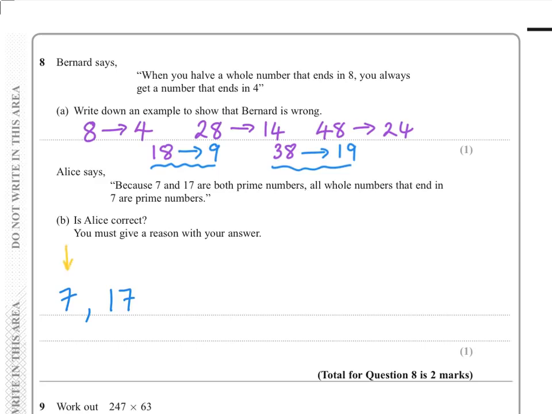You start with the smallest number ending in a 7, i.e. the units would be 7, and then in the tens you'd have 17. But if you wrote down 27, for example, that's a number that ends in 7, and is that a prime number? Well, how can you make the number 27?